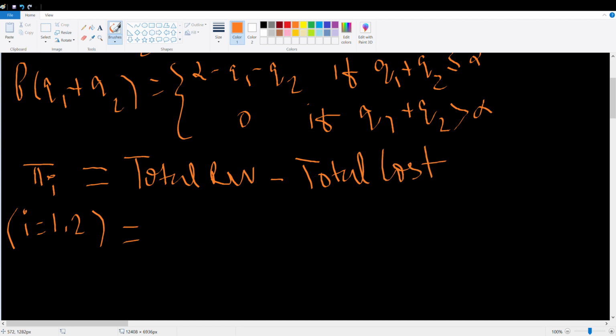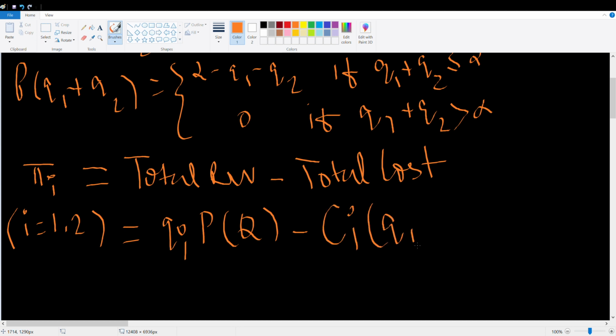Now if P(Q) is the price in the market that depends upon the total output Q, then for a firm i that produces output Qi, total revenue is going to be Qi times P(Q), and total cost is going to be given by a cost function, Ci(Qi).